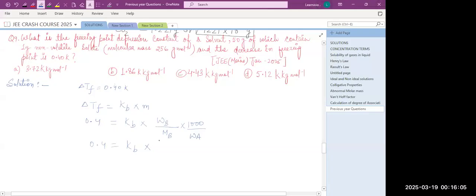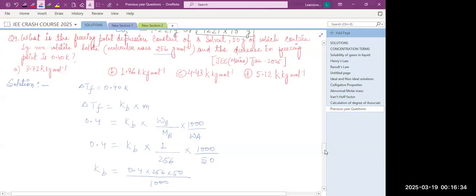Now substitute. What is the weight of solute? 1 gram, and the molecular mass is given, which is 256, into 1000, and the weight of solvent is 50 gram. Just solve it: 0.4 into 256 into 50 upon 1000.